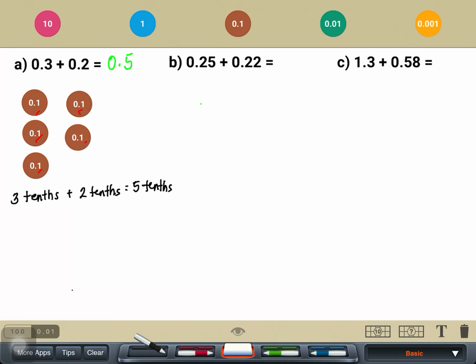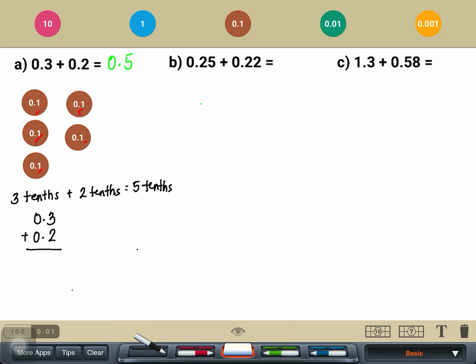Okay? If I'm gonna use the numbers or decimals, it would look like this: 3/10 plus 2/10. So notice how I placed the numbers. Okay, we should always remember that when we are adding decimals, the place values should be aligned.